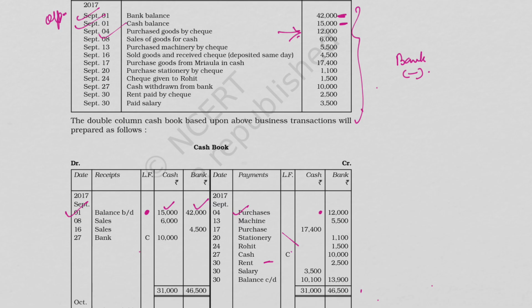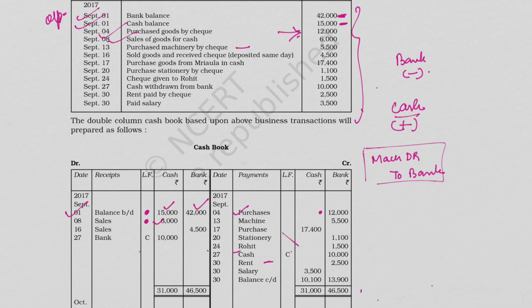Sales of goods for cash. When we are selling the goods, cash is coming, so cash is debited. So by sales, cash is increasing by 6,000. Next we have purchase machinery by check. Machinery is coming, machinery debit to bank since we are purchasing by check.